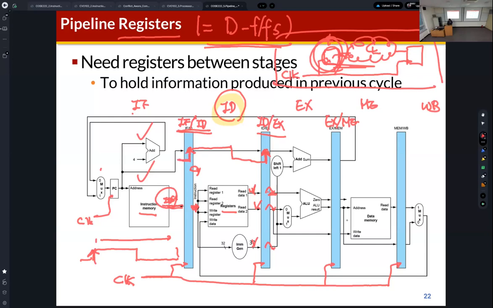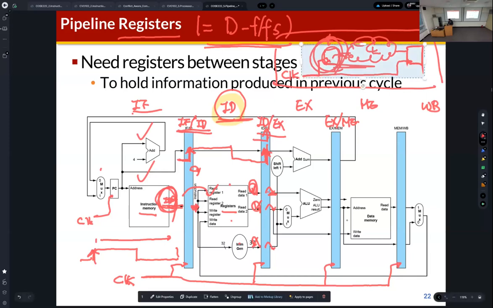At the rising edge of the clock, the result of the instruction fetch stage is sampled and then delivered to the next stage, the ID stage. So it is synchronized and processed by the data path elements in the ID stage. Then the generated results are sampled by the flip-flop at the rising edge of the next clock.